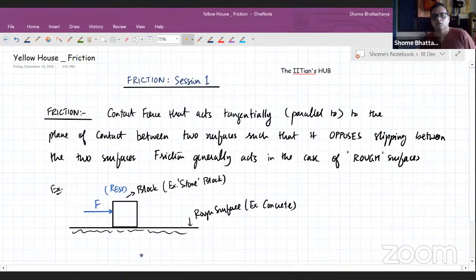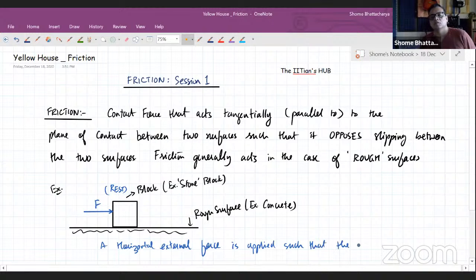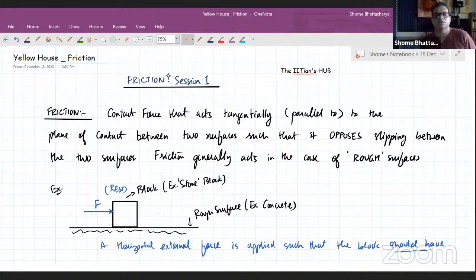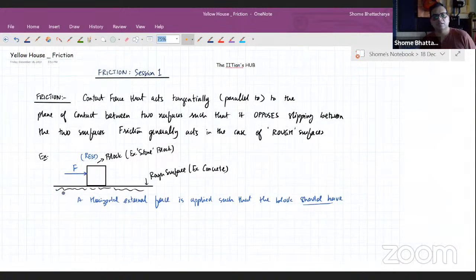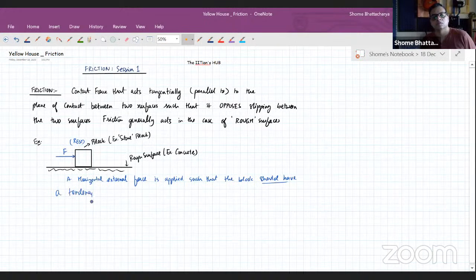So a horizontal external force is applied such that the block should have a tendency to move, but we are observing that finally it's not moving. It's remaining at rest in equilibrium. So it should have a tendency to slip along the horizontal surface.